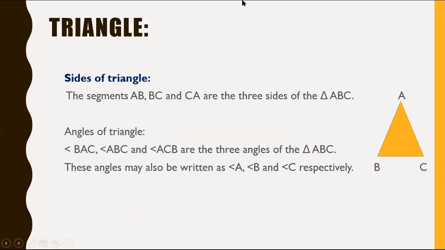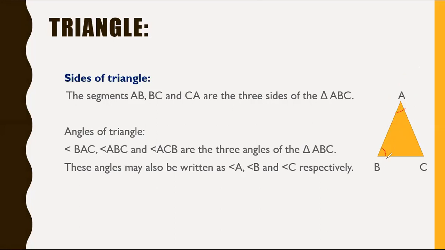What about the angles, students? Here you can see, for example, this angle is angle BAC. Or simply I can say that this is angle A. And angle ABC means this angle.